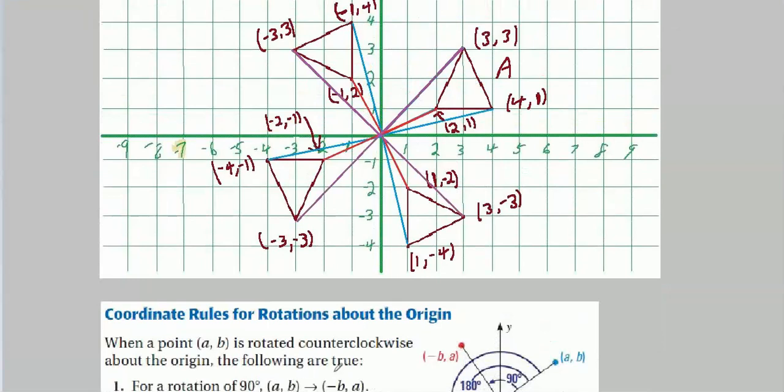See, we switch. And then the x-coordinate becomes negative. So we swap x and y and take the negative here. Swapping 3, 3 obviously has no effect. Swapping 2, 1 becomes 1, 2, and you make the 1 negative, so it's minus 1, 2.